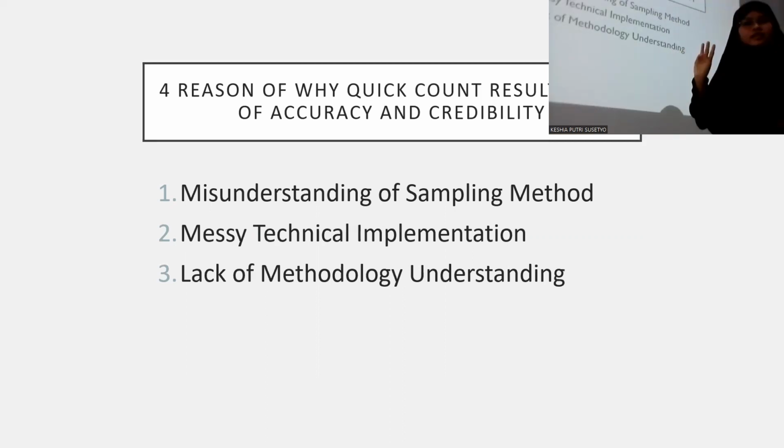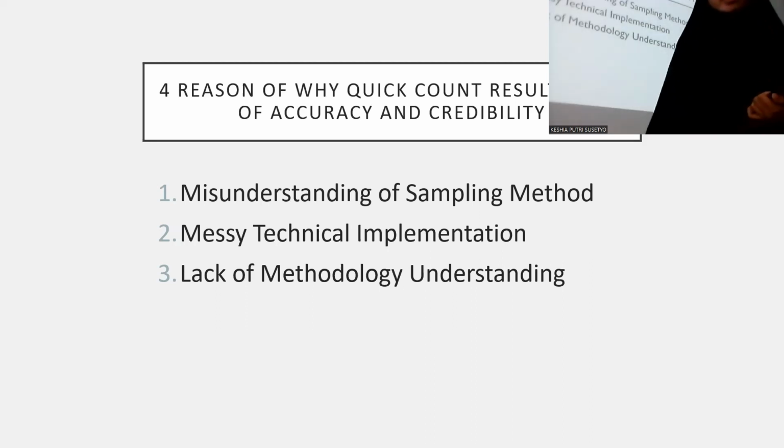The third reason is lack of methodology and understanding. This is related to the first reason. It means that the institutions or the people doing the quick count don't fully understand quick count methodology, which results in wrong calculation of the sampling method.